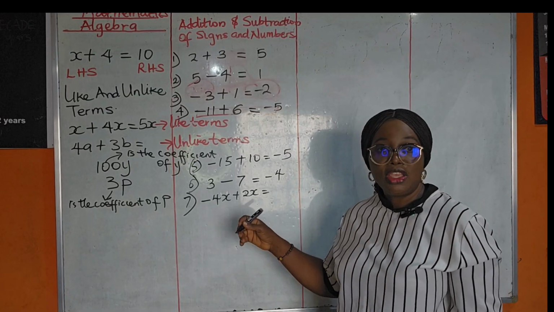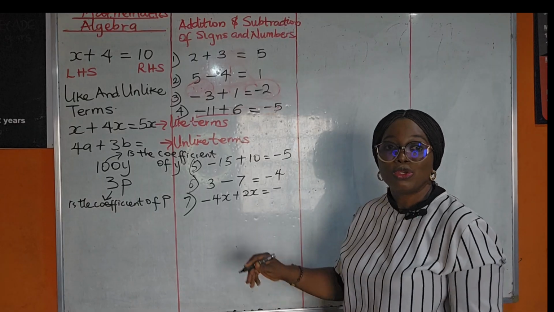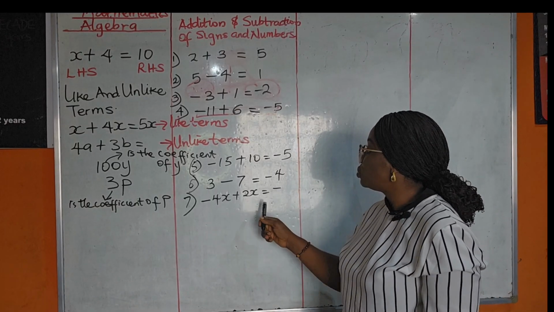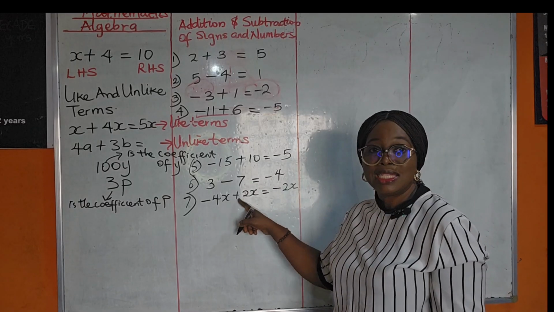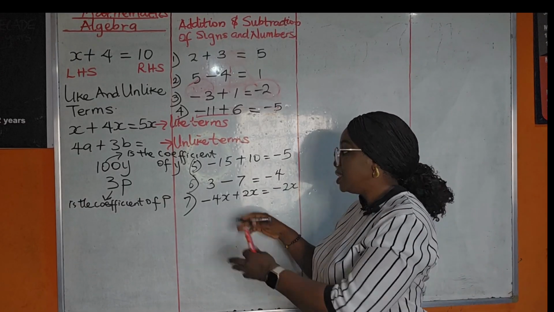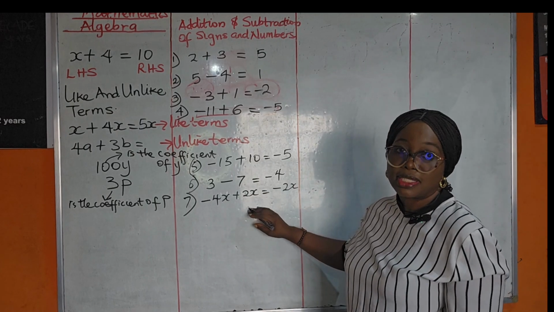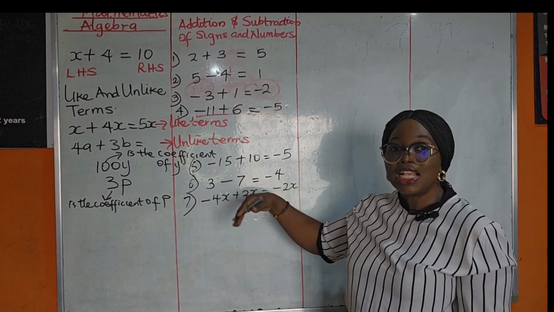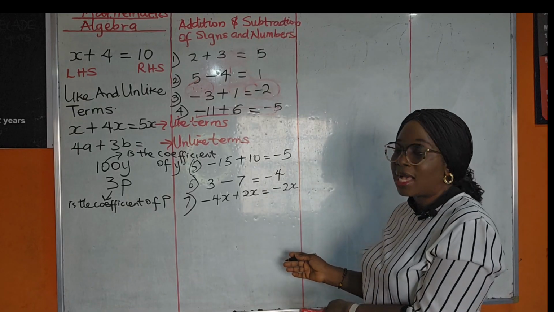So definitely you're going to have a negative answer. So you simply subtract. 4 minus 2 is 2. So you're having minus 2x. Remember that these are like terms. So we can easily get an answer to this because they are like terms. And that's why you should recognize from the beginning what like terms are and what unlike terms are.